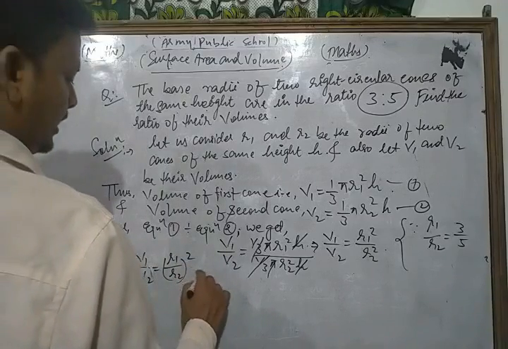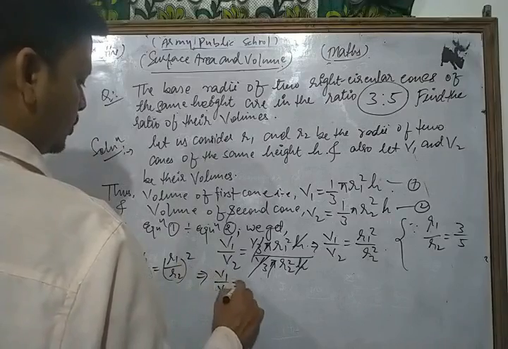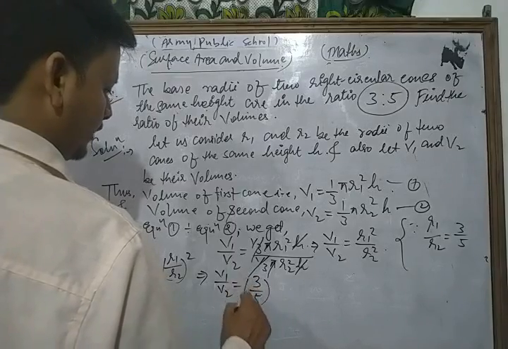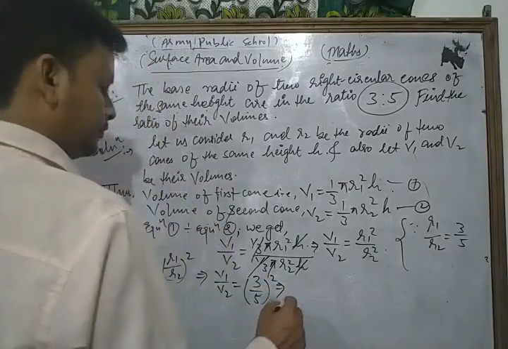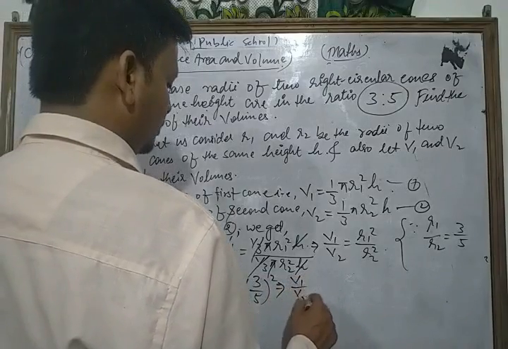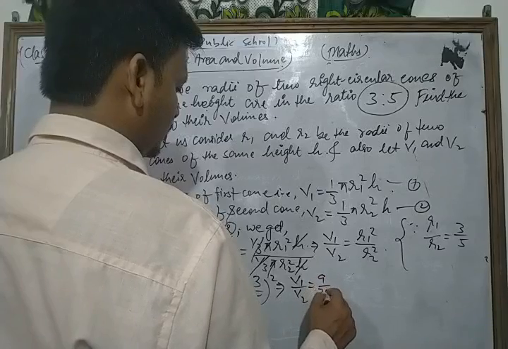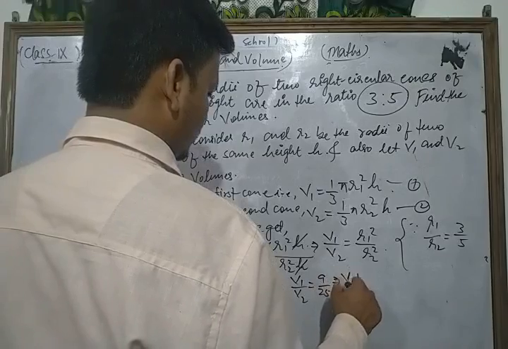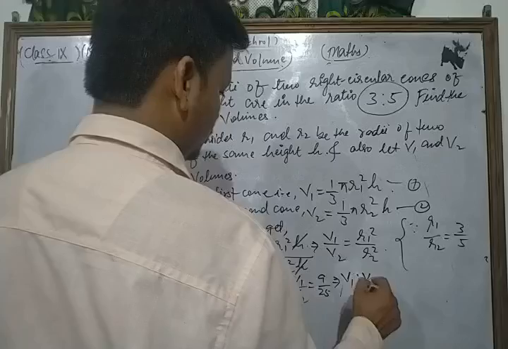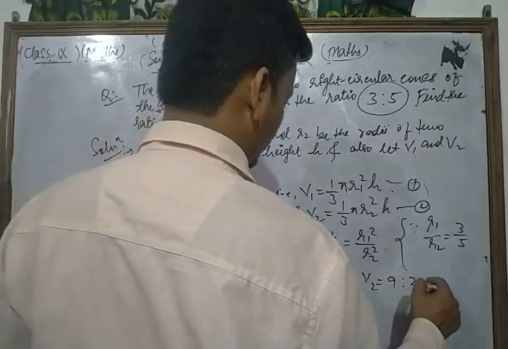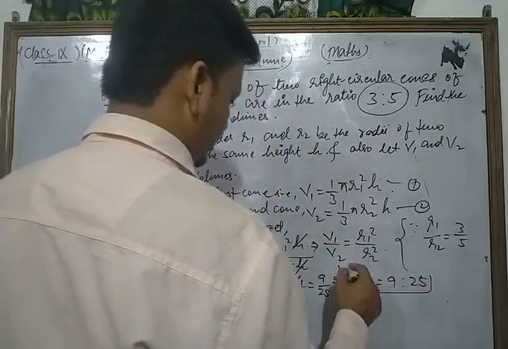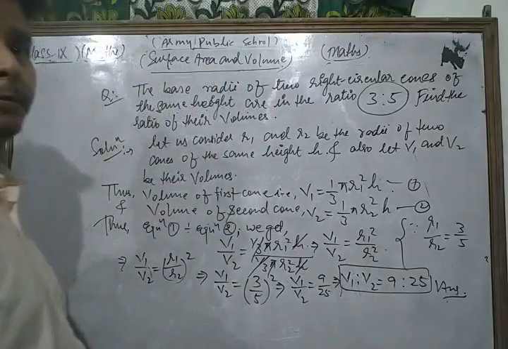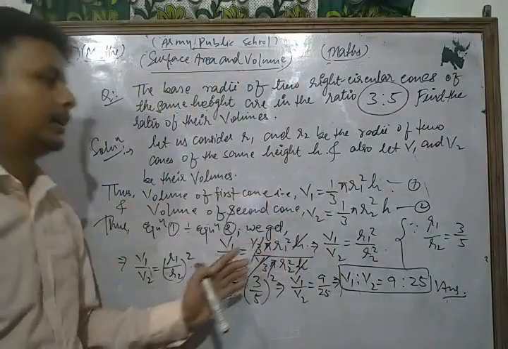So V1 upon V2 is equal to 3 upon 5 whole square, which is 9 upon 25. Thus V1 ratio V2 is equal to 9 ratio 25. This is the required solution of the given question.